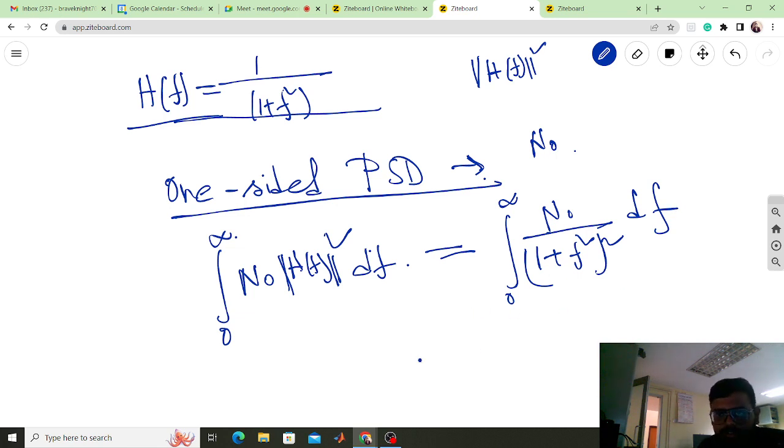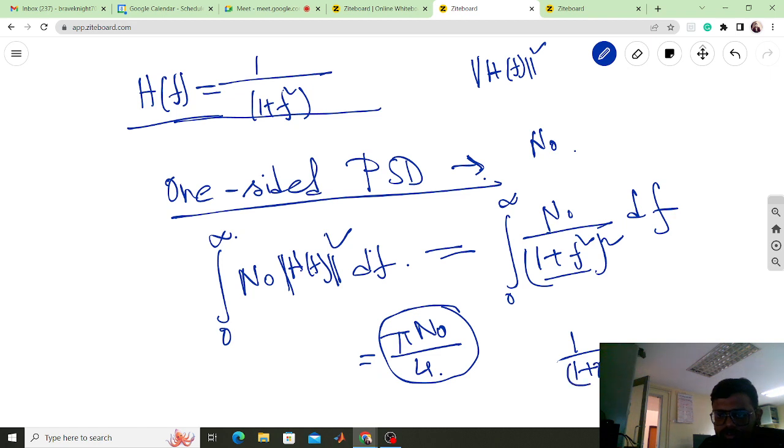And if you calculate this integration with steps, the answer that will come is pi N naught by 4. This uses the tan square formula, 1 plus tan square, for 1 by 1 plus x square whole square. That is the key to solving this.